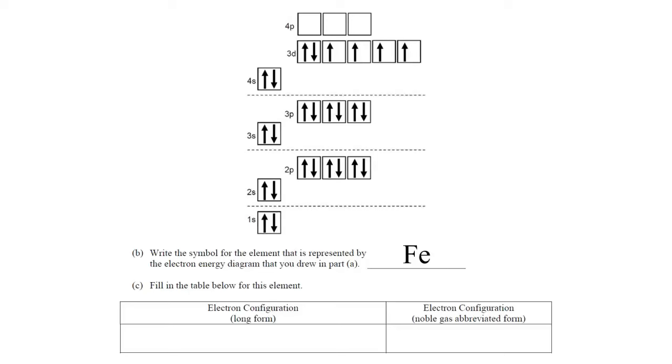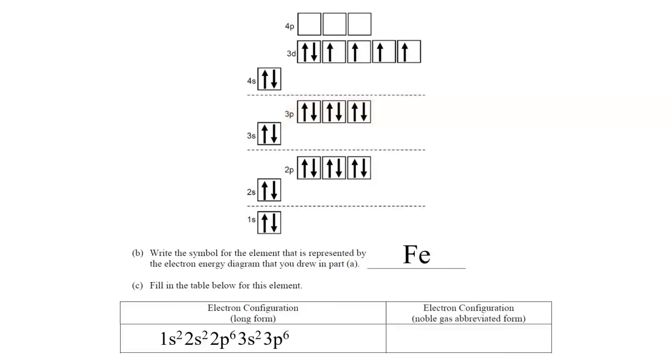I'm going to show you two different ways to do that. The first way is to simply highlight the different parts of this electron energy diagram. So starting at the bottom, that would be 1s2, and then it would be 2s2, and then moving up the energy diagram, it would be 2p6, and then moving up to 3s2, followed by 3p6.